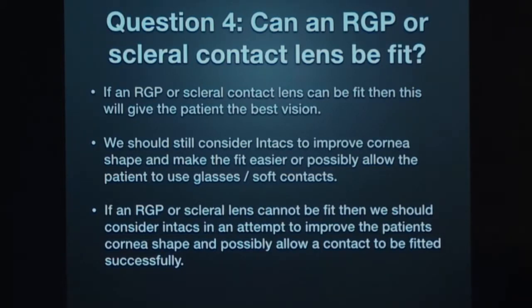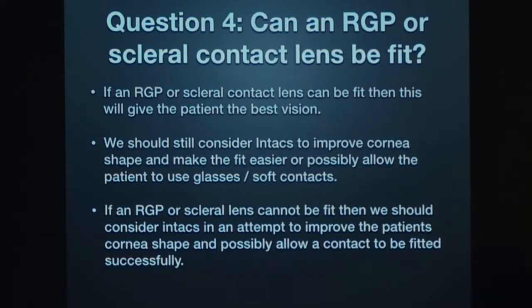If this can be fit, it's going to give the patient the best vision. It corrects all of the astigmatism. Some people are happy with things being 95% corrected, and that's great. If they're happy, they don't have to go to this step. But in the end, a scleral lens or an RGP contact lens is going to give basically anyone better vision than glasses or regular contact lenses because it corrects all of the astigmatism.